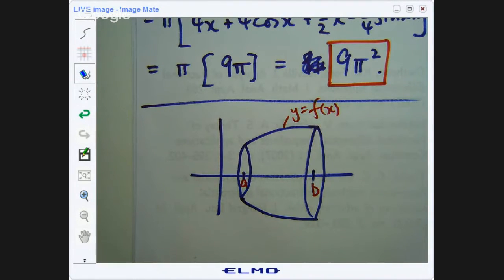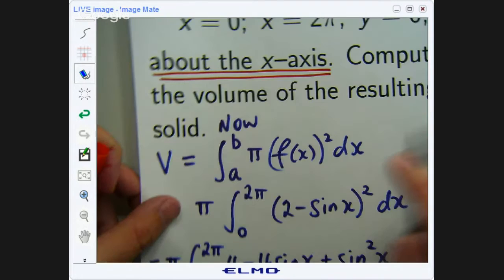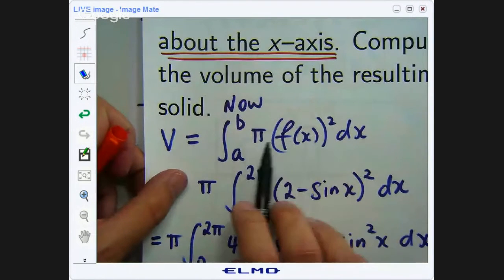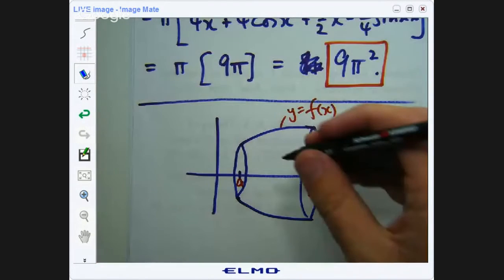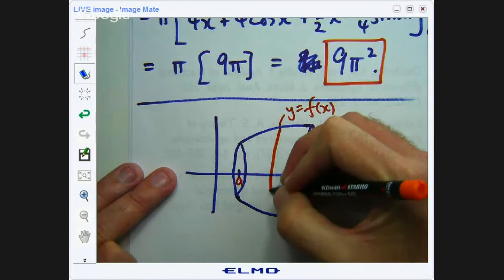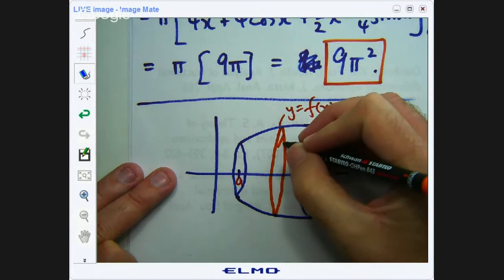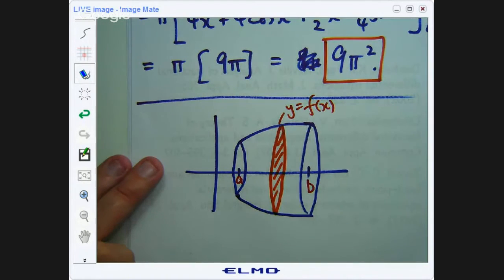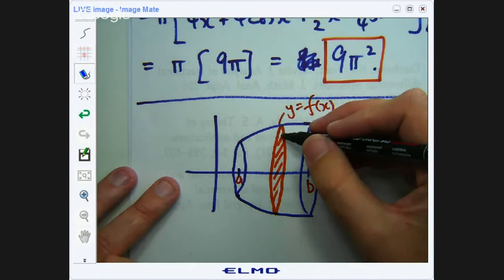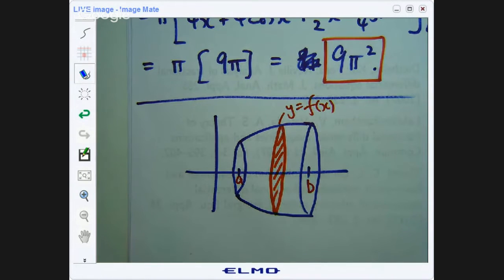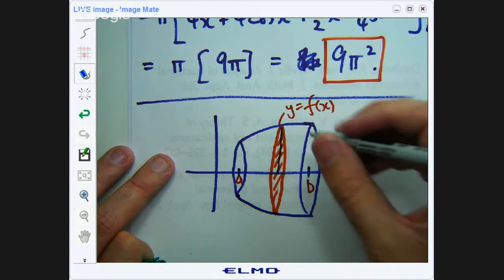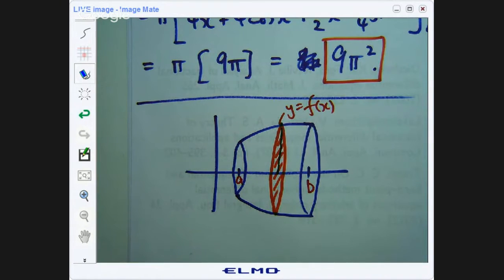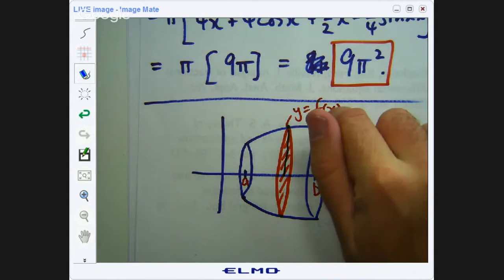What does this formula remind you of? Well, pi times something squared, maybe pi r squared. This looks like the formula for the area of a circle. And indeed, if you look at the cross sections of this solid, so you slice it, you get circular cross sections. How can we compute the area of this? It's just the radius squared times pi. The radius here is f of x, or just y, so pi r squared.